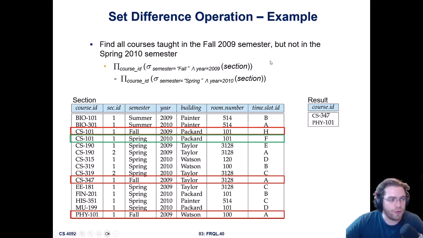Then take the set difference between this and the selection of semester spring and year 2010 from the relation section, and project that course ID from that outcome. If I subtract these two, it looks like a minus sign. We'll get CS347 and Philosophy 101. CS101 was taught both in the fall and the spring, so we're only going to take the 347 and the Philosophy 101.